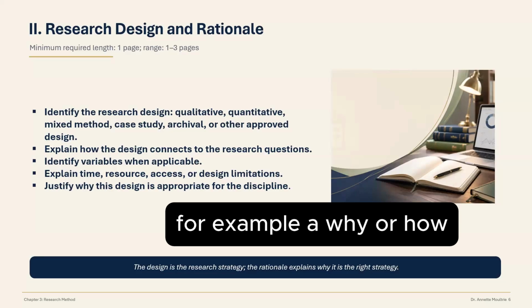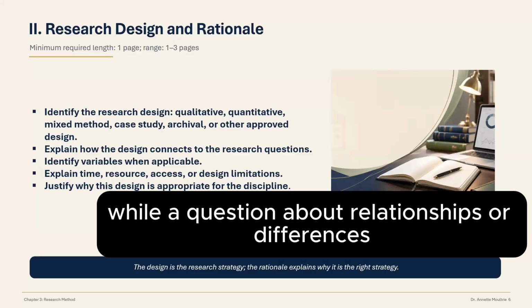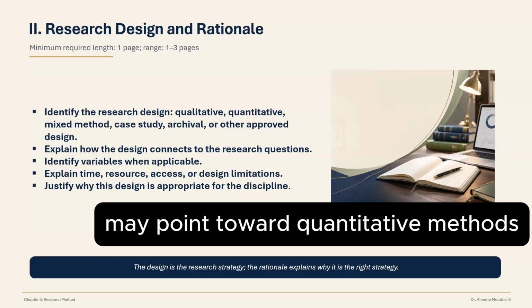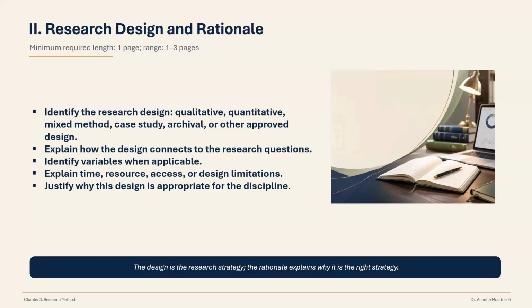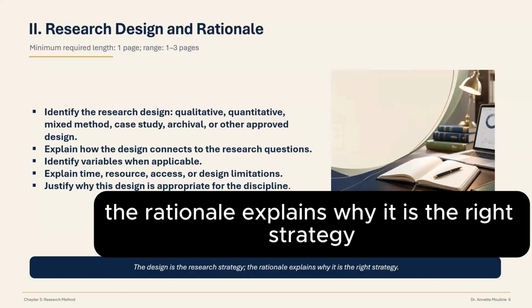For example, a why or how question often points toward qualitative inquiry, while a question about relationships or differences may point toward quantitative methods. So the design is the research strategy. The rationale explains why it is the right strategy.